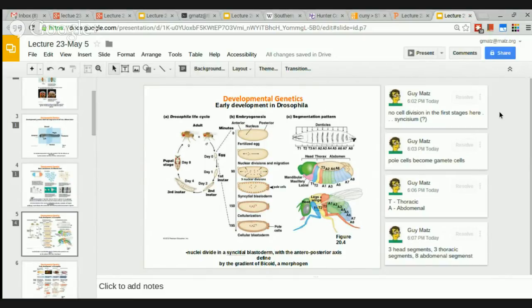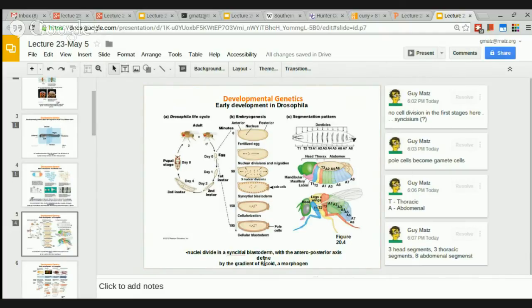So now that we've described the general structure of the body plan and the embryogenesis, how does this happen? Well, I'm going to insist on the morphogen that controls the anterior-posterior axis in the embryo, and this molecule is called bicoid.